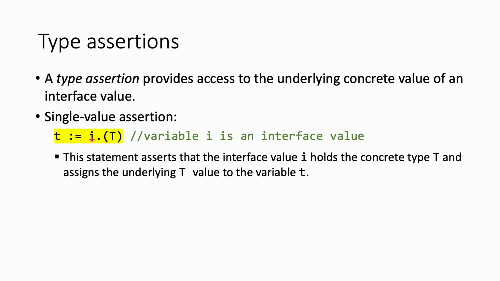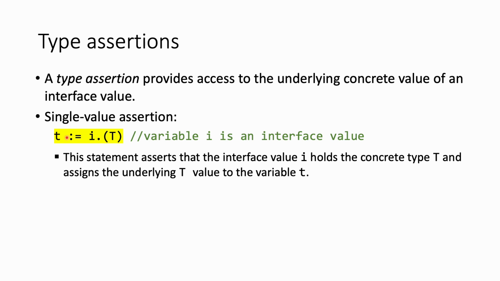It's an assignment statement in which the left-hand side is a single variable and the right-hand side is a dot operation with an interface variable before the dot and a concrete type in parentheses after the dot.